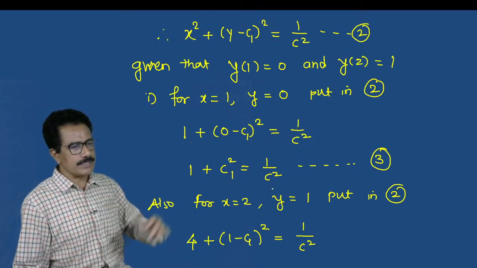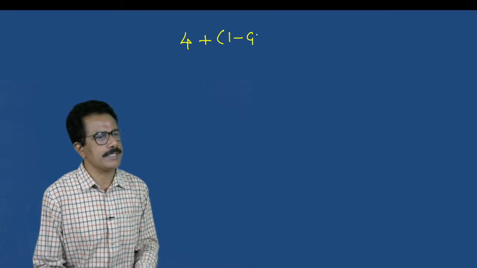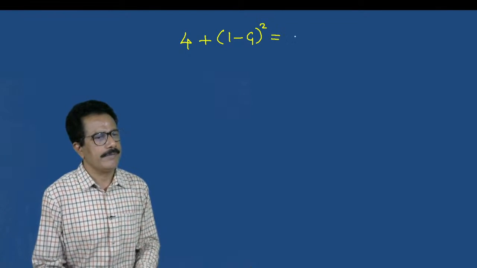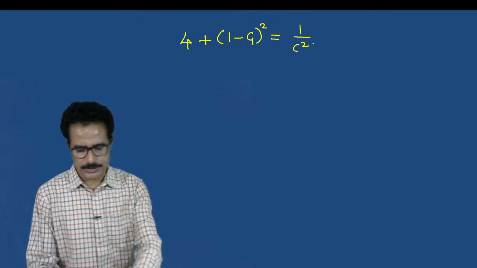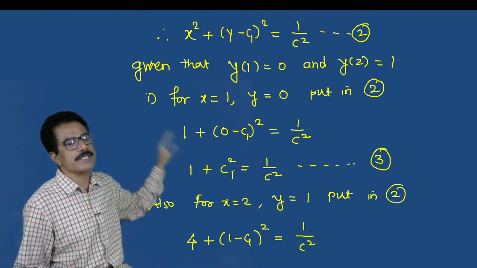But 1 upon C square, so 4 plus 1 minus C1 square is equals to 1 upon C square. Now 1 upon C square means 1 plus C1 square.